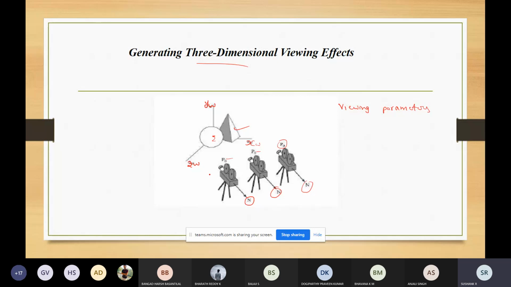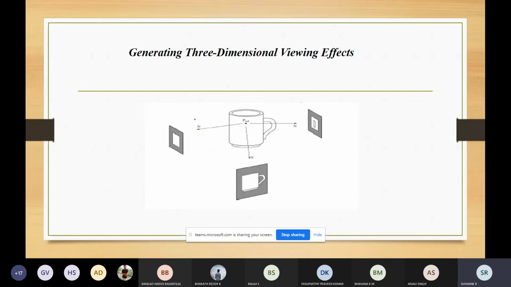Another thing can be like, there is an object which is under study. For this object, you're getting the view from different sides. So this is when you're looking from this direction. This is the object you're capturing. This one handle is there.